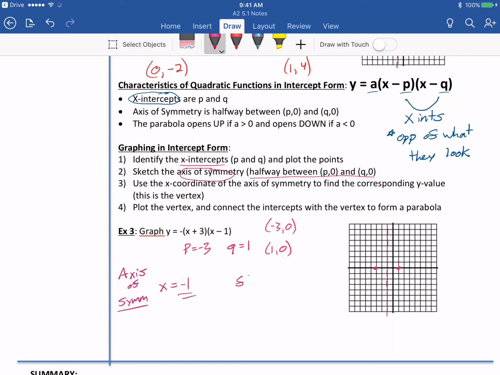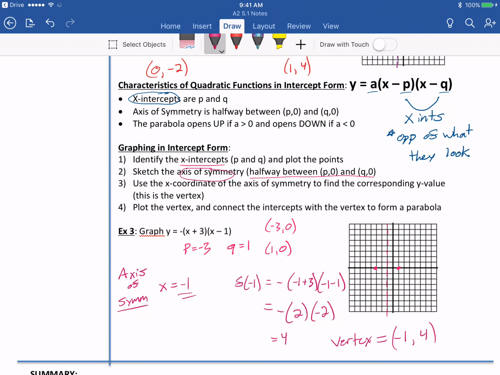I get f of -1 is equal to negative of (-1 plus 3) times (-1 minus 1). Looking here, this is going to be the negative of 2 times -2, which is -4, but then there's a negative, so this turns out to be +4. So my vertex here is actually going to be (-1, 4).